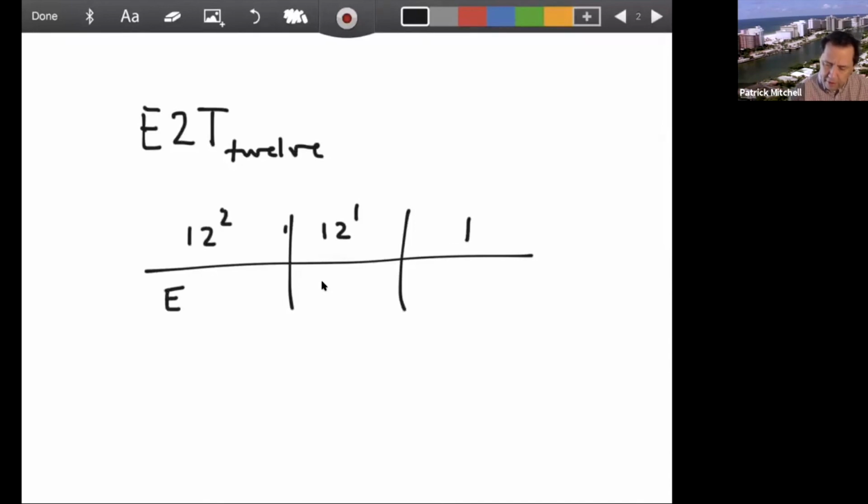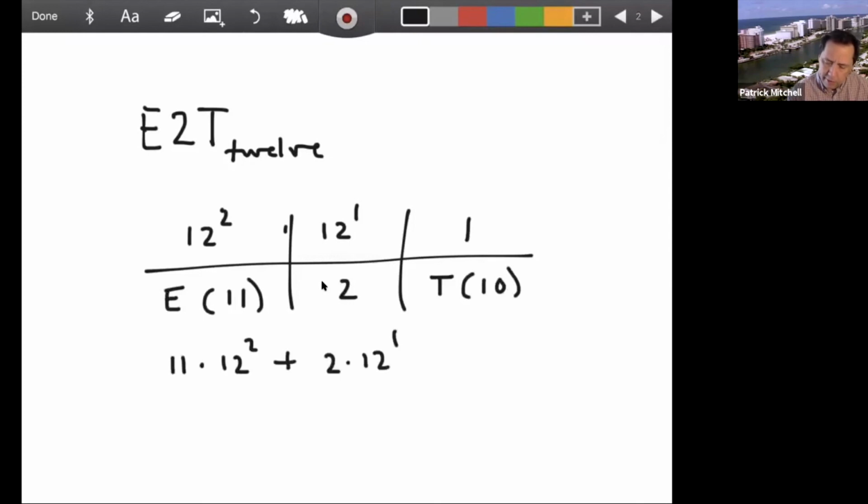Whenever you have the digits E or T, it might be helpful to write a traditional 10 or 11 next to it. Okay, and so this is how they came up with 11 times 12 to the second, plus 2 times 12 to the first, plus 10 times 1.